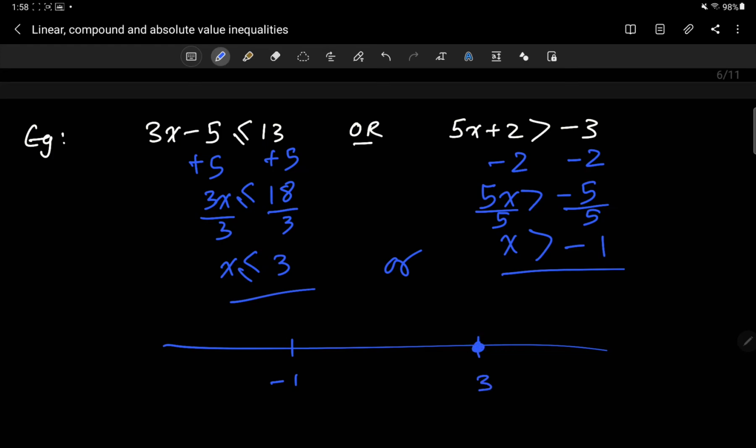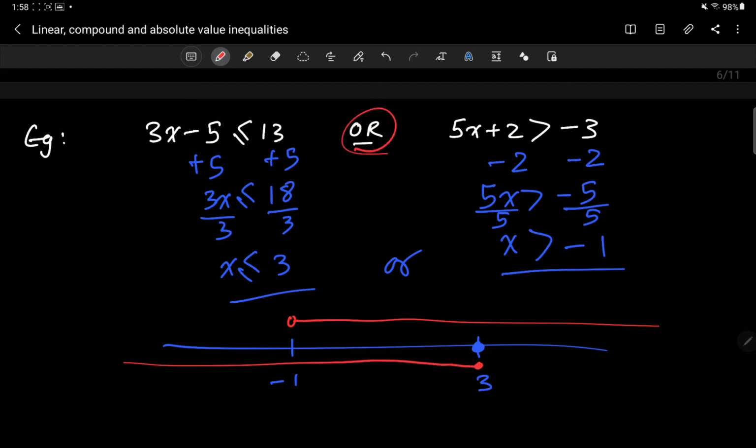So let's really think about it. Greater than -1 gives me all of this, and less than or equal to 3 gives me all of that. But it's an OR situation, which means where is it? At least some part of it is red, and that is everywhere.